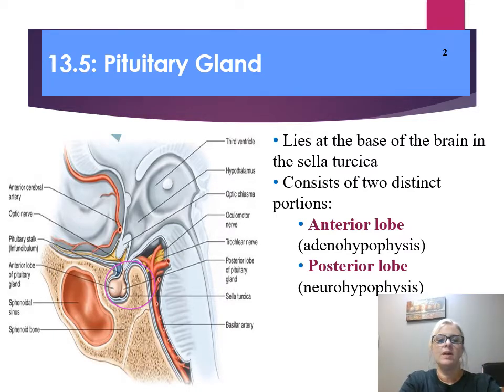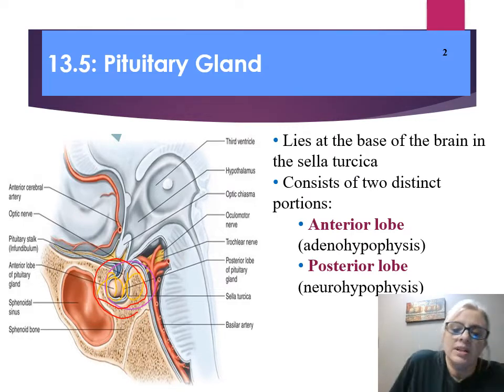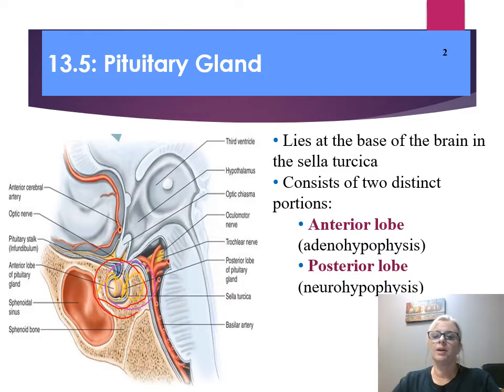And you can see that right here, okay? And so we have the anterior portion of the gland right here, and the posterior, of course, on the posterior side. So it's got two distinct portions, and we've already talked a little bit about how you need to pay attention and differentiate where these hormones are coming from. You can't just say the pituitary.